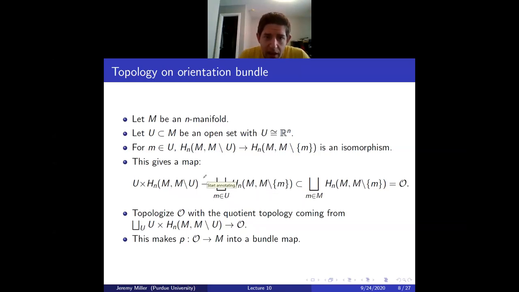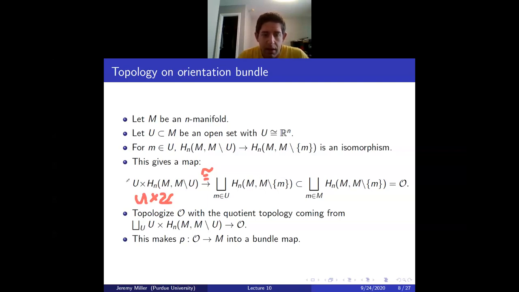So in fact this map is a bijection, because up to isomorphism, this is just U cross Z. And what is this? Well, this is a disjoint union over points in U of Z's. So this map is a bijection, and we don't know how to topologize this space, right?